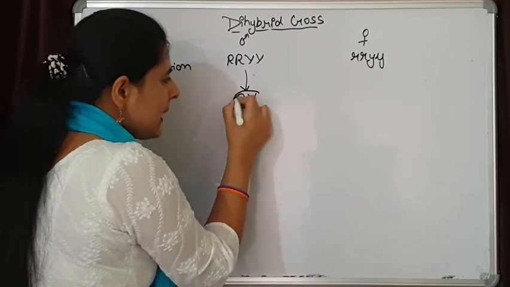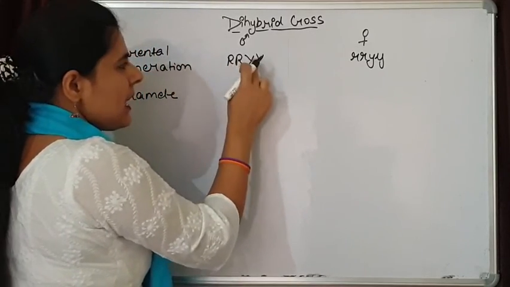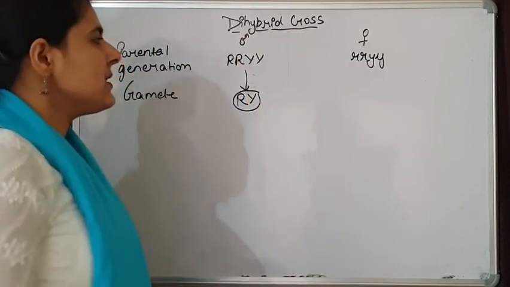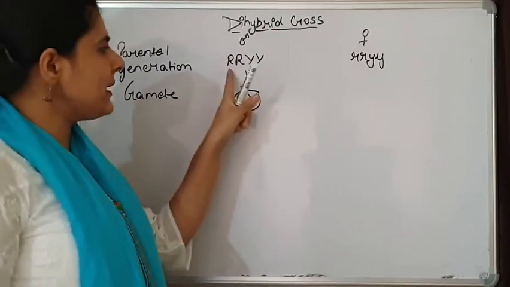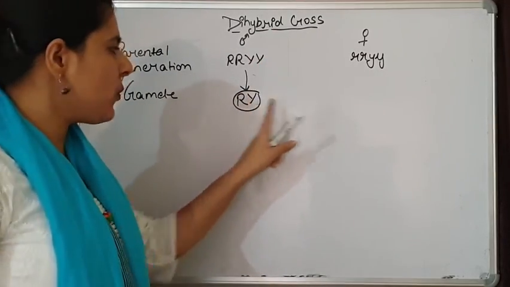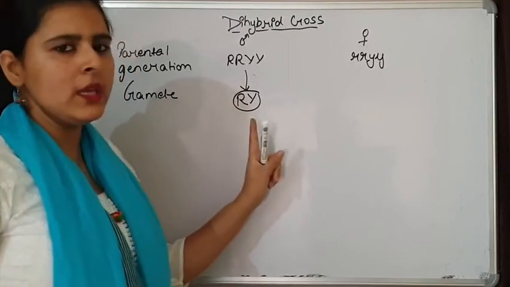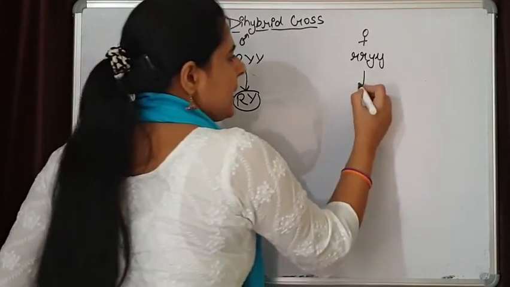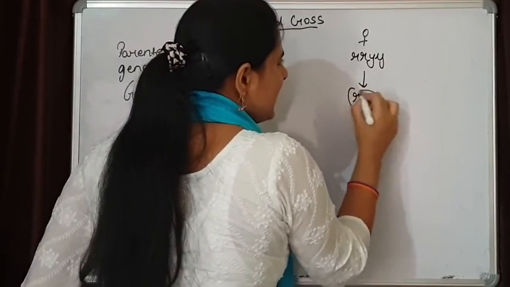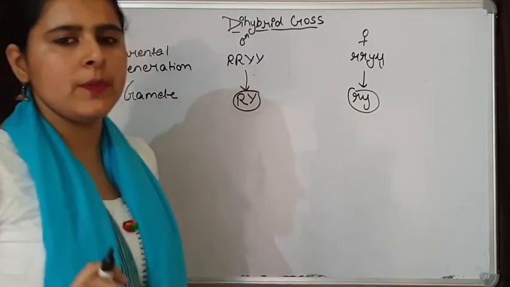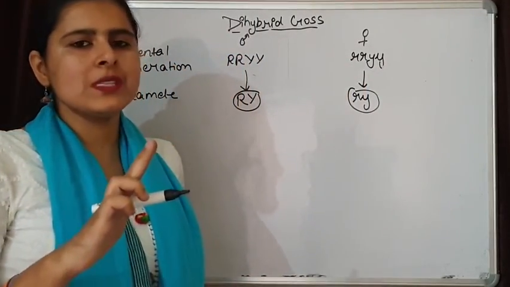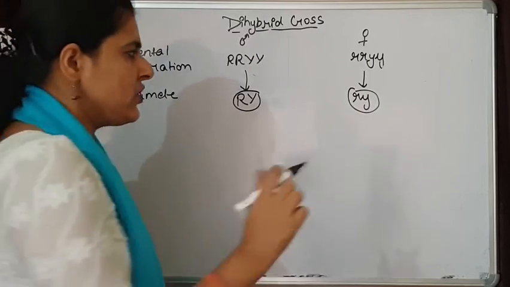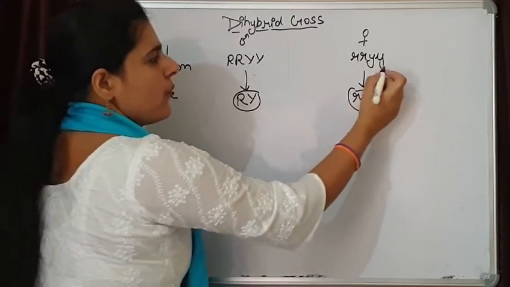So one gamete is going to carry capital R and capital Y. Exactly the same way the other gamete will also carry capital R and capital Y. So both are the same, that's why I am writing only one. In the same way the other gametes are going to carry small r and small y, because during gamete formation they are going to segregate or separate from each other. So these gametes are formed.